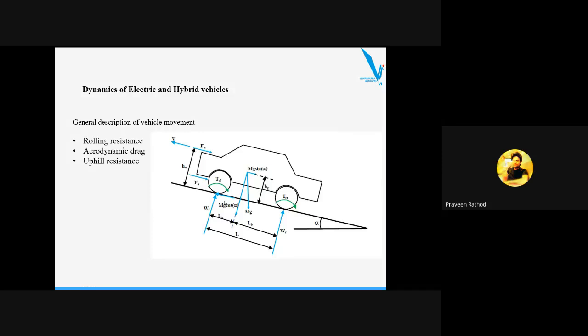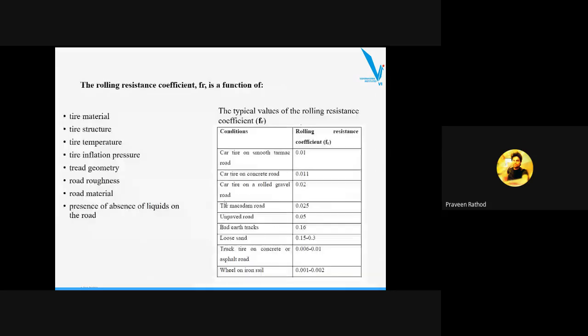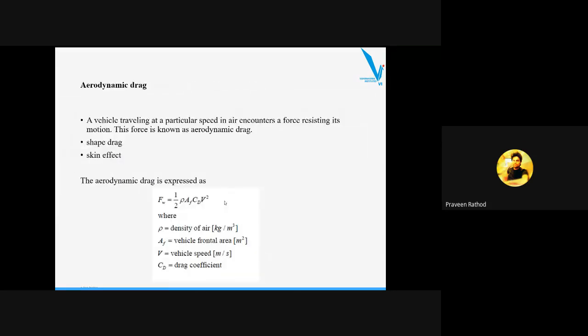So I'll stop here today. We'll continue tomorrow. The knowledge of these things is required. Whenever you look at the performance of the vehicle, these are the main things we need to study, whether it is a conventional vehicle or any other kind of vehicle.